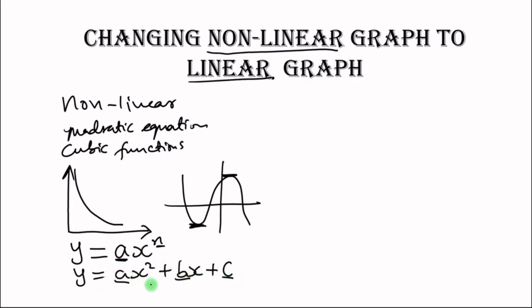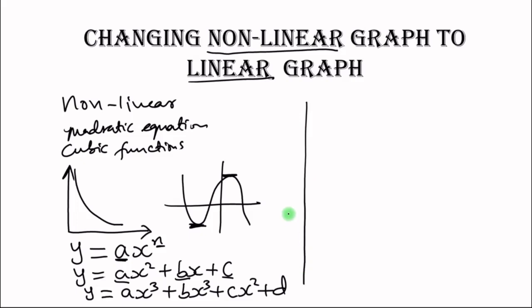This is an example of a quadratic equation. For a cubic function, we have ax cubed plus bx squared plus cx plus d. This is a good example of a nonlinear relation.